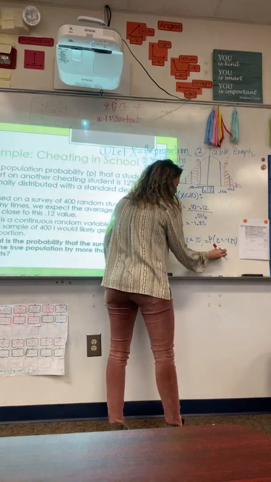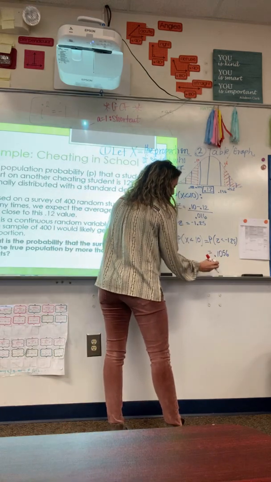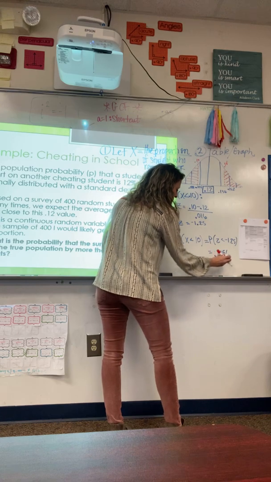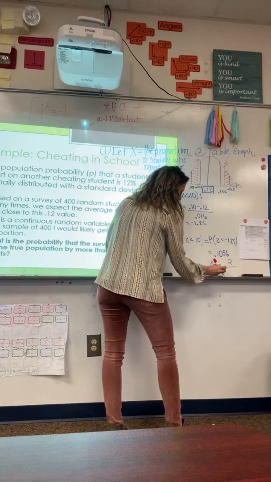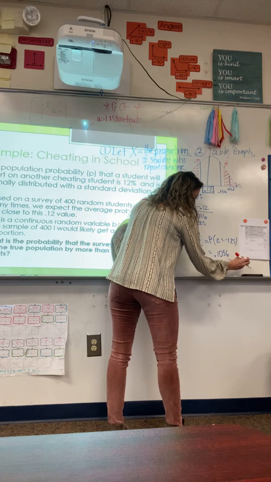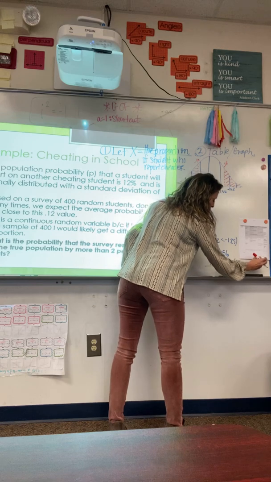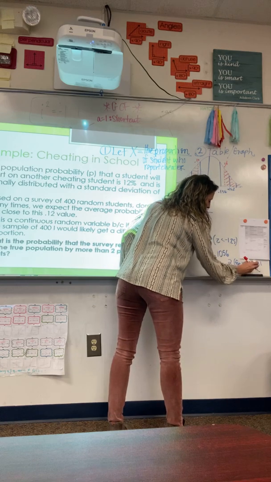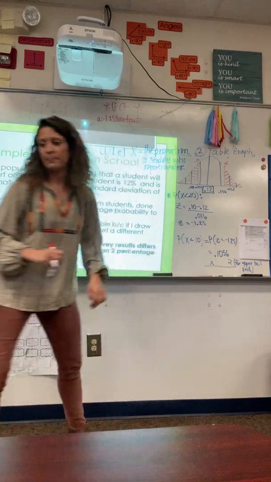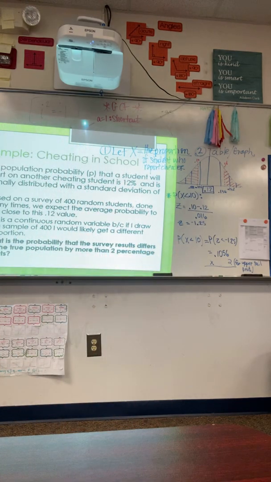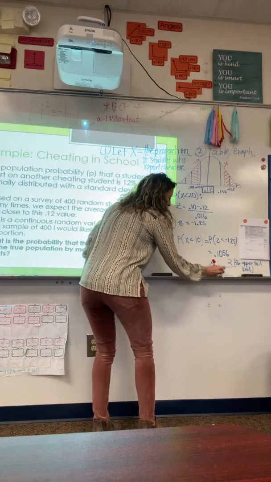So I got 0.1056. And again, we can multiply this times 2, for upper tail probability. Here we go. And 21.12.